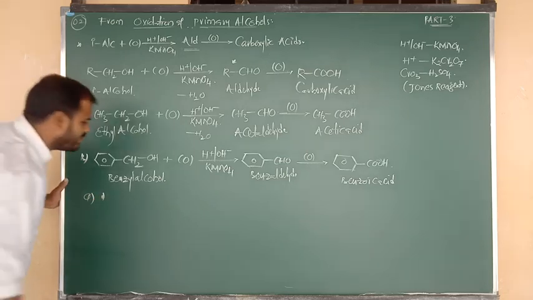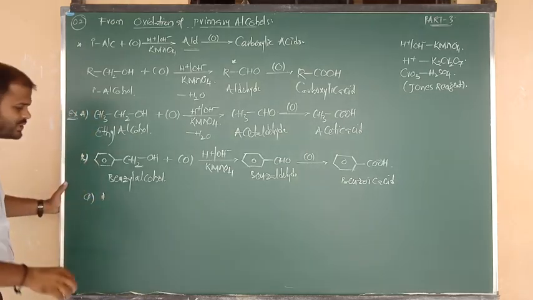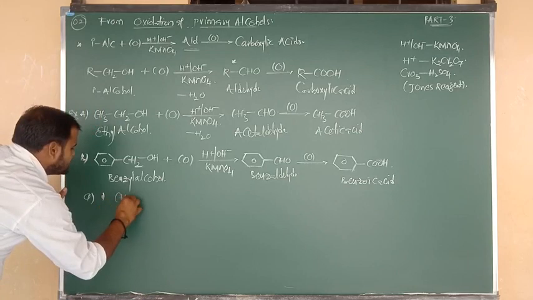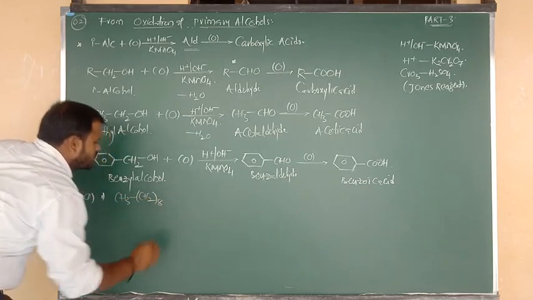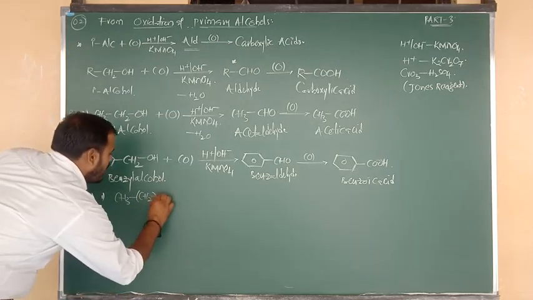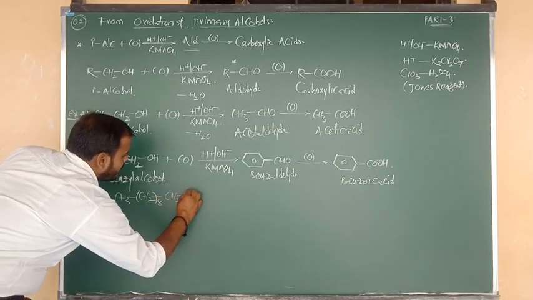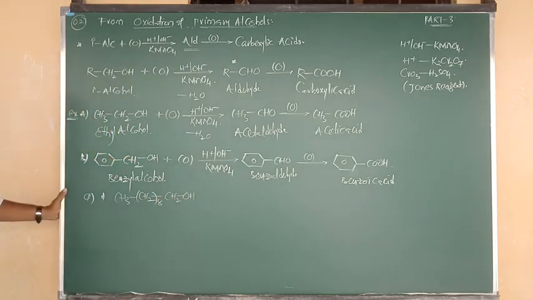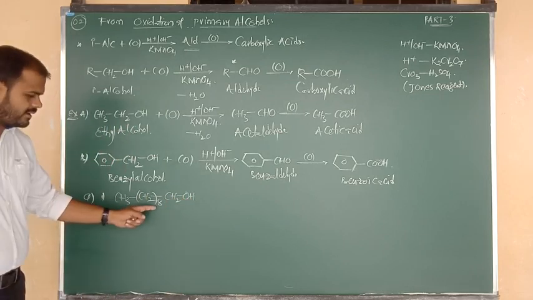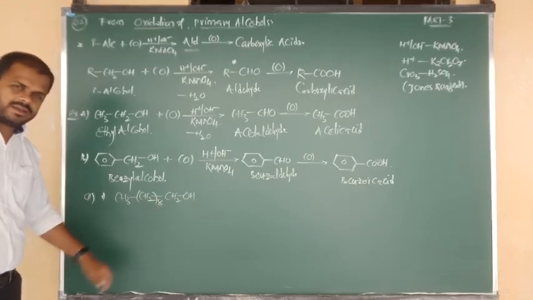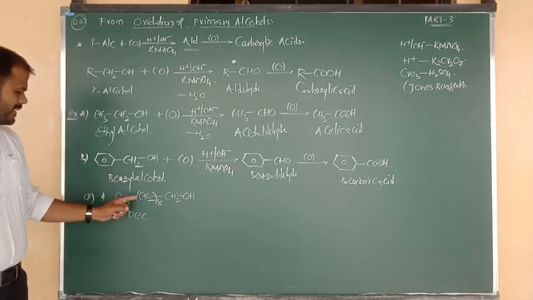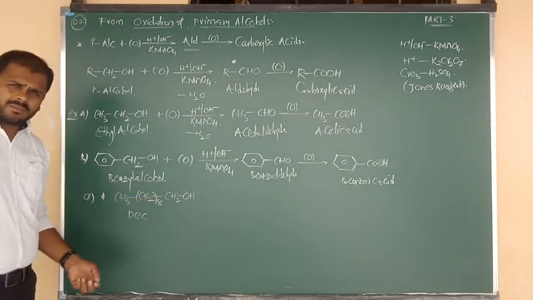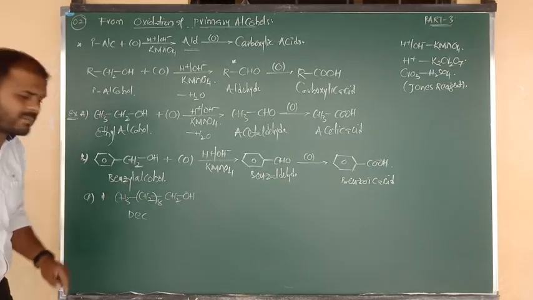Question number 1 is the in-text question inside the textbook. The question is CH3 bonded to CH2, CH2, again bonded to CH2, CH2 bonded to OH. Total number of carbons are 10, which means dec. Between all 10 carbons, single bonds will be there.